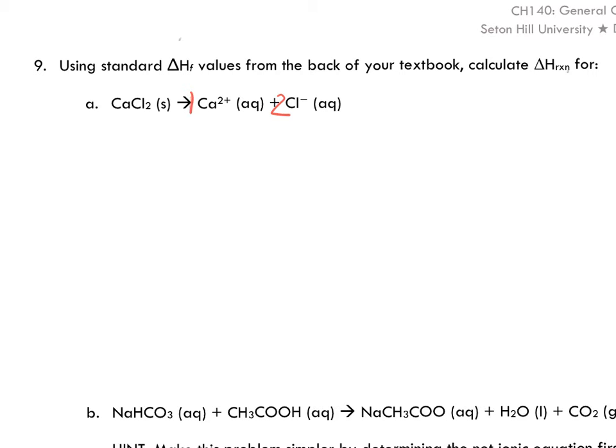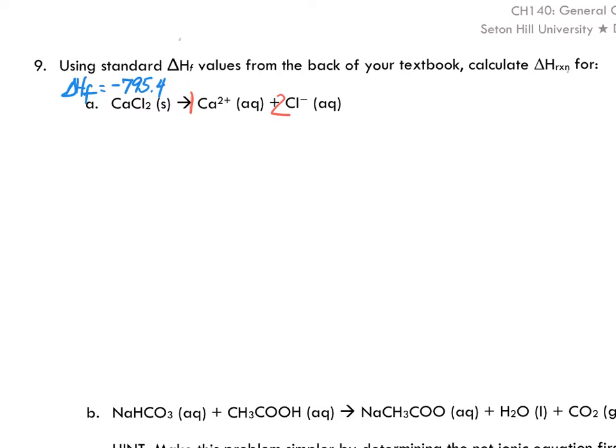You can find these in the appendix, or if you're doing a lot of work with these, you might find it helpful to find a table of these online somewhere and just print them out if you don't have a loose leaf or hard copy version of the textbook, because otherwise you're flipping back and forth a lot.